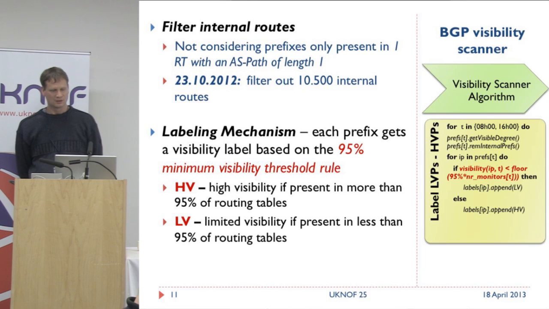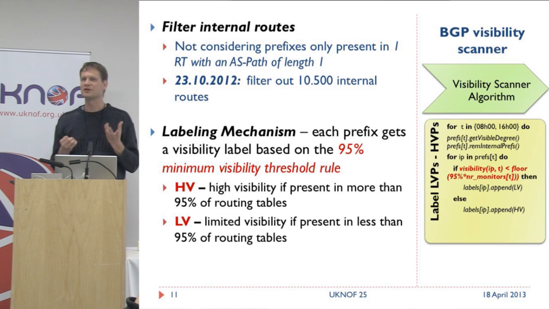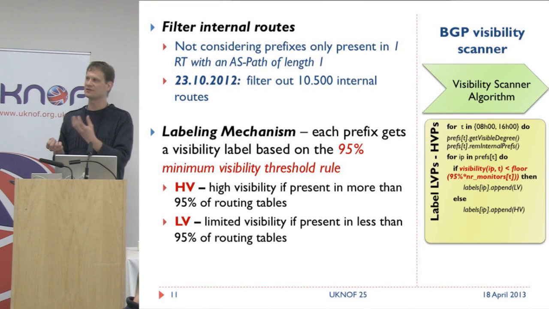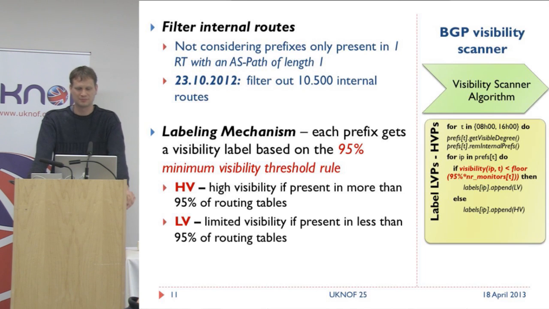So we download all the data, then we filter out first internal roots. Internal roots are prefixes which just have an AS path length of 1. So they are clearly just originated by the AS which is giving the feed to RIPE or RouteViews.